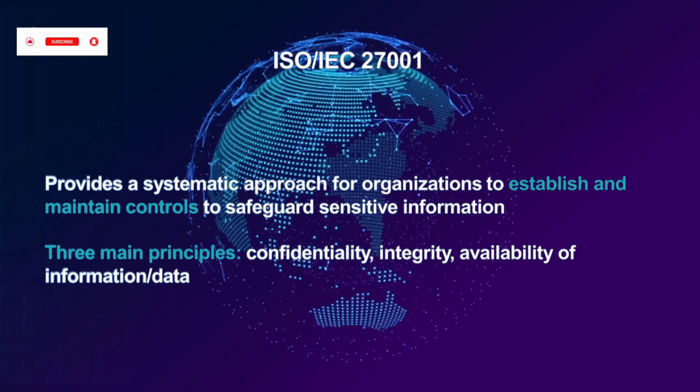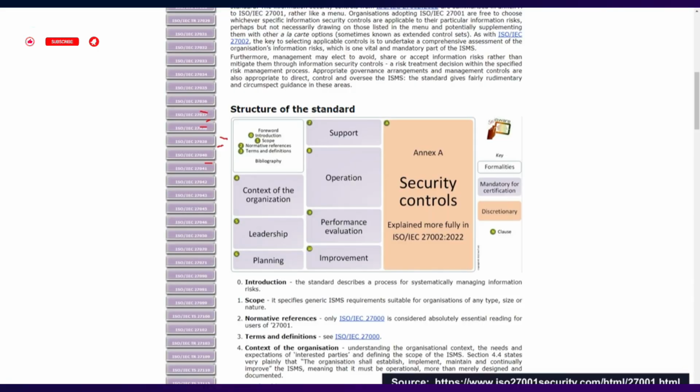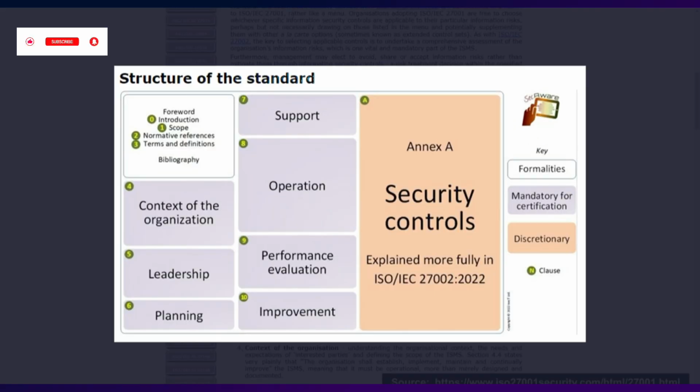Now, if you go over to ISO 27001 security.com, you can see the entire layout of the document, and what I really liked was this diagram that's on this web page. So this is what we are going to use for the rest of the video to walk through what is in this standard, so that you can be prepared for anything you see on the exam. Okay, so now everything you see in the purple is required for certification.